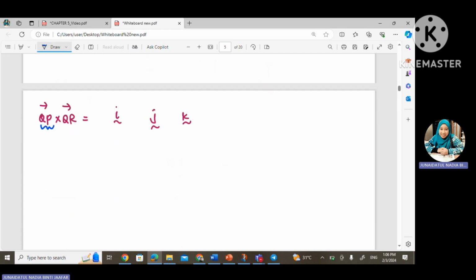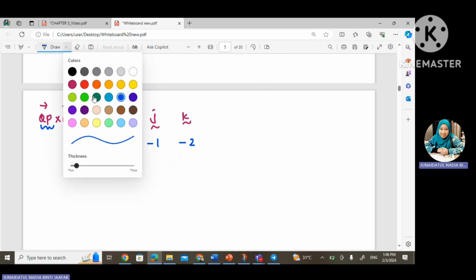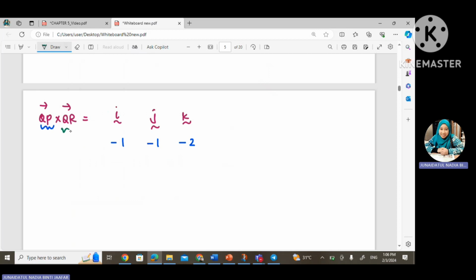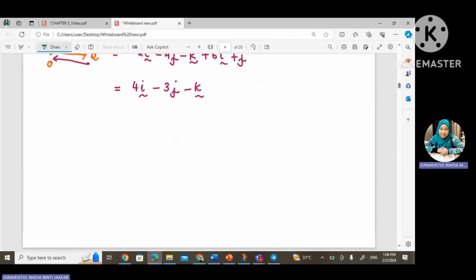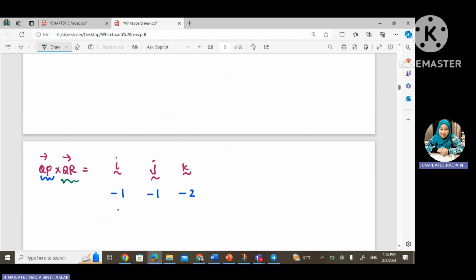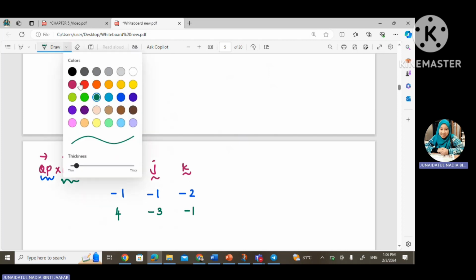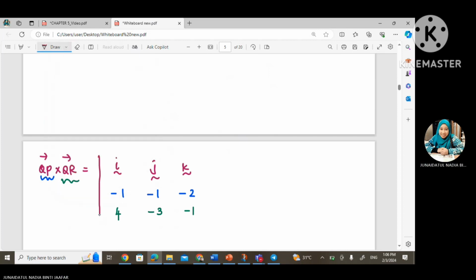And for vector QR, we have 4i minus 3j minus k. Okay, so we find the cross product.